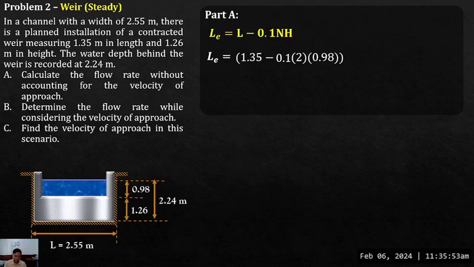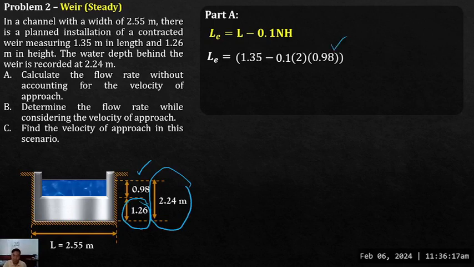So, again, given dito sa problem na yung water depth is 2.24 and then yung height naman ng weir is 1.26. So, 2.24 minus 1.26. That's why meron kang value ng 0.98. Okay, so dyan po galing yung 0.98.